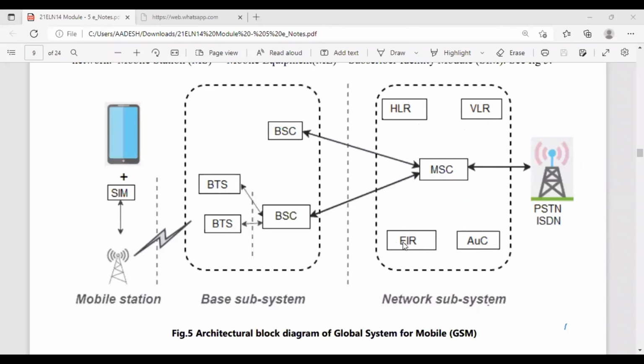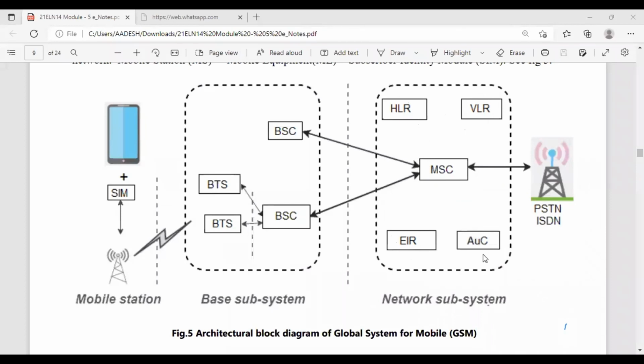That will be identified by the equipment identity register. The authentication center will authenticate the user: is he a whitelisted user allowed to use the system, or is he not allowed, or is he a blacklisted user. That is the work of the authentication center.